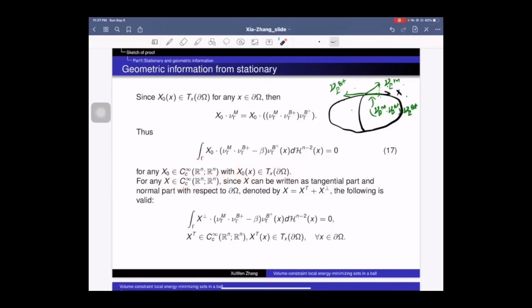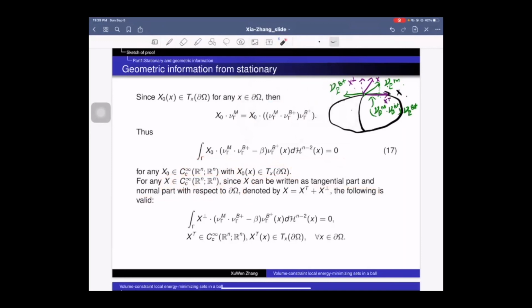This is because any such x can be written as a tangential part and a normal part with respect to the boundary of omega. For example, this is x, this is the normal part of x, and this is the tangential part of x.